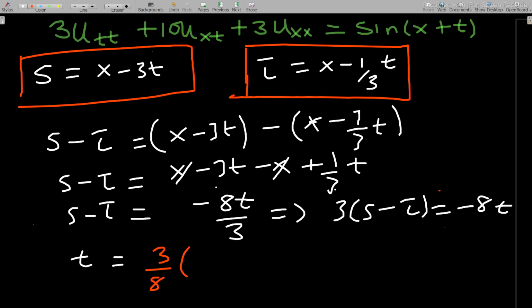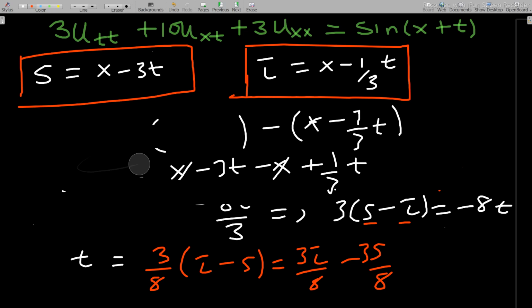The negative sign will just interchange s and tau, so I'll get tau minus s rather, which is the same as 3 tau over 8 minus 3s over 8. The 3 is multiplying all of them, so that's my t. Let's write t somewhere and also find our x.